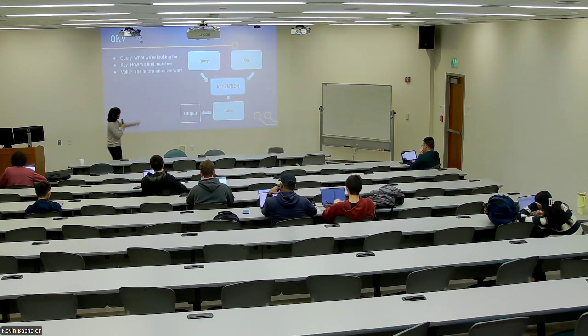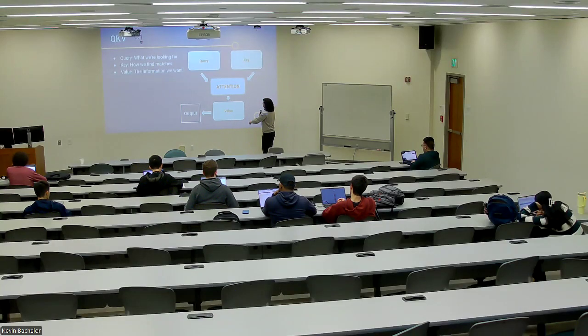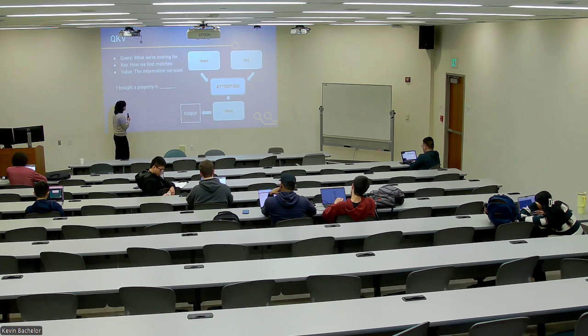I made a little block diagram that shows what we want. We take the query and the key, we process them using attention, and we get a value. And using this value, we can get an output. For example, with the sentence, I bought a property in Egypt, the query is where we're at in the sentence, which is here, a blank space.